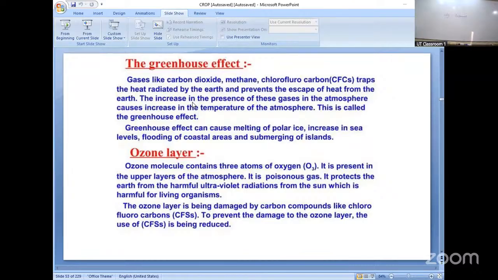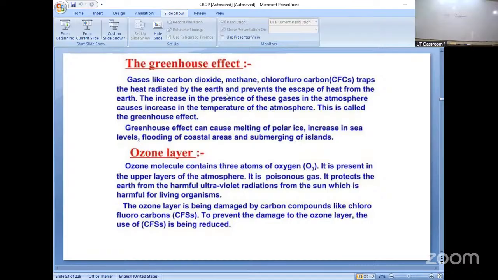Gases like carbon dioxide, methane, and CFC, that is chlorofluorocarbon, are emitted and cause harm to the earth.